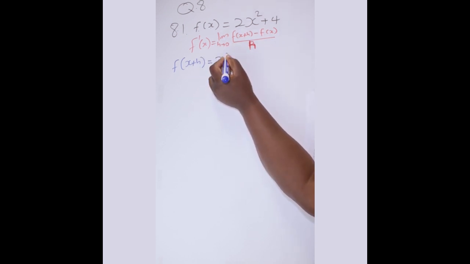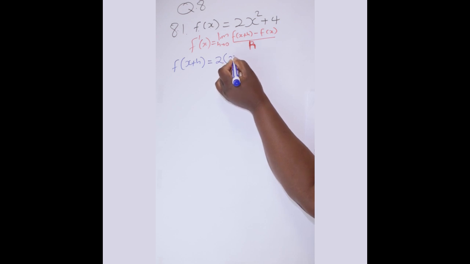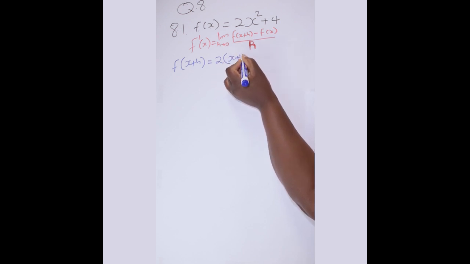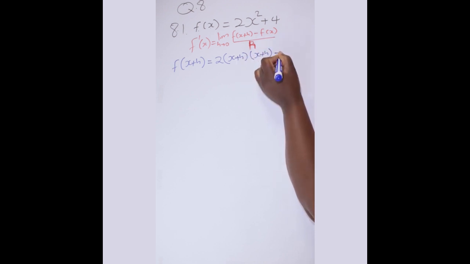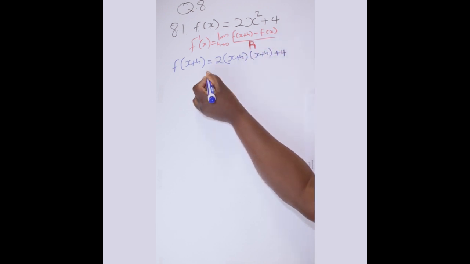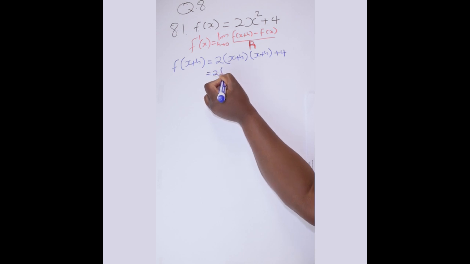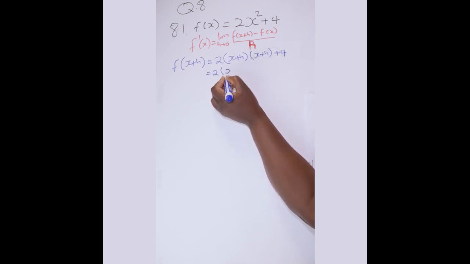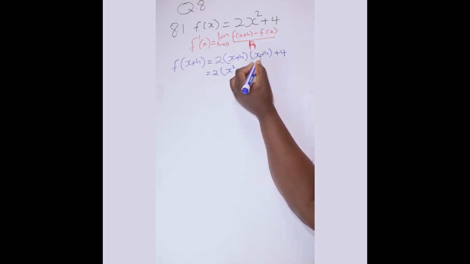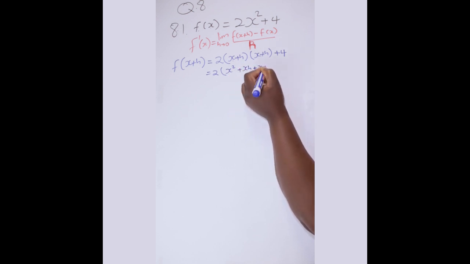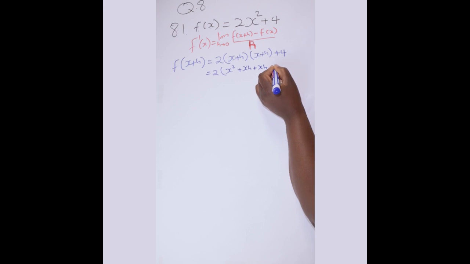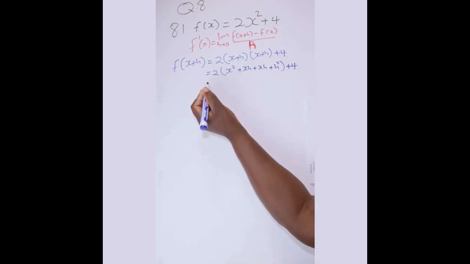It's going to be 2 multiplied by x plus h squared. So it means you have brackets that you must open, and then plus 4. Let's remove the brackets. x multiplied by x gives us x squared, and x times h will give us xh, another xh, and h times h will give us h squared. Don't forget this plus 4 that we have to write.